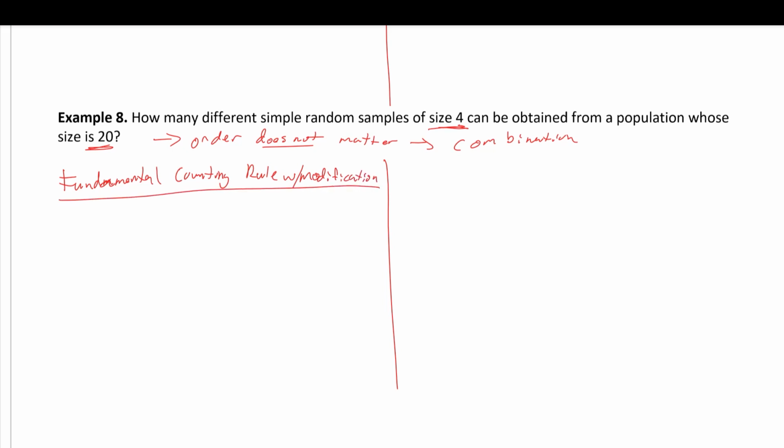You start off like a permutation, and then you divide by the number of ways that we can arrange these decisions. Okay, so how many decisions are being made? Well, we're choosing 4, right? So first, second, third, fourth. All right, so we're going to come up with the permutations.